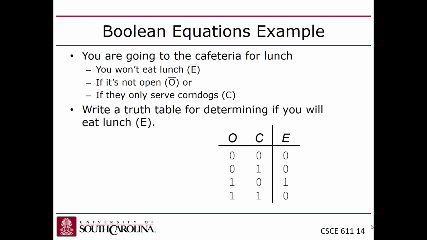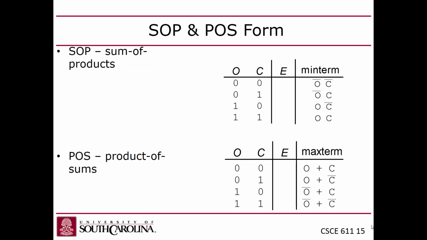OK, so this is the same thing. We've got min-terms. Max terms are very similar to min-terms. The difference is instead of products, each max term has literals for all the inputs, combined with sum, with OR, and then you AND them all together.